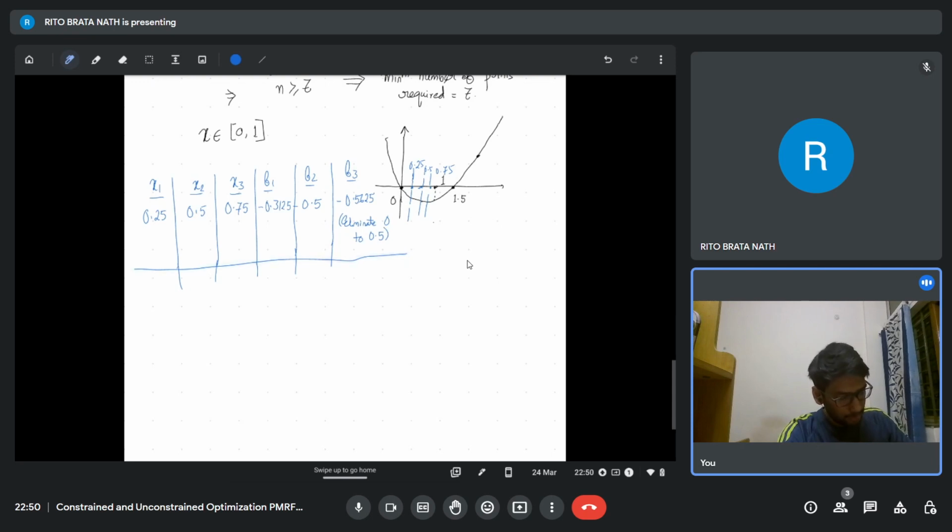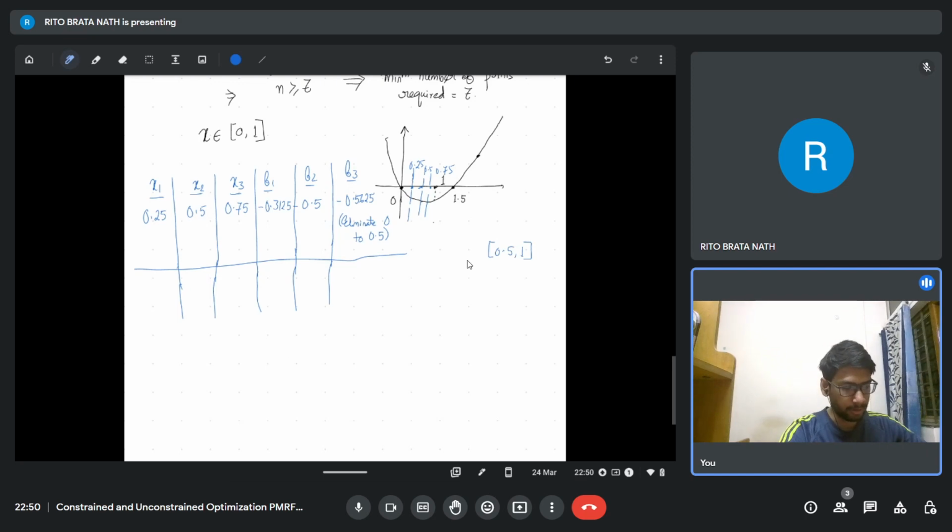Okay, so in the next iteration, you know that you are dealing with an interval which is 0.5 to 1, right? So this is your new interval. And again, you have to break it down into 4 equal intervals to get 3 points.